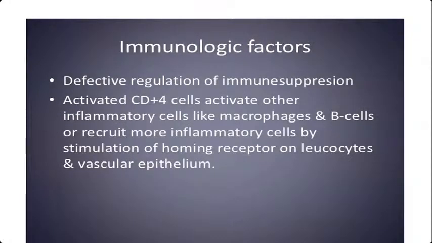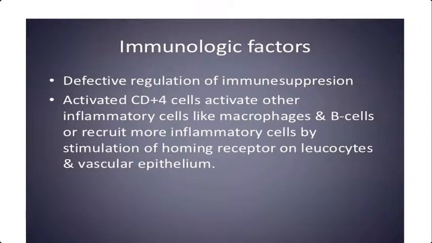So how do immunological factors play a role in inflammatory bowel disease? It appears that there is a defective regulation of the immunosuppression, and activated CD4 cells activate other inflammatory cells, such as macrophages and B cells, or recruit more inflammatory cells by stimulation of homing receptors on leukocytes and vascular endothelium.